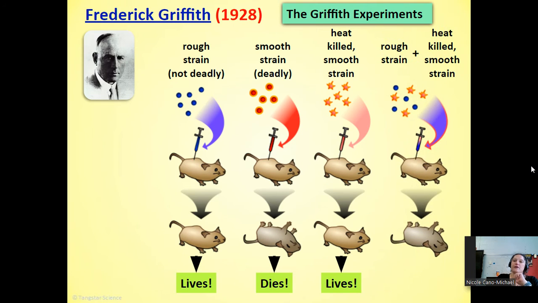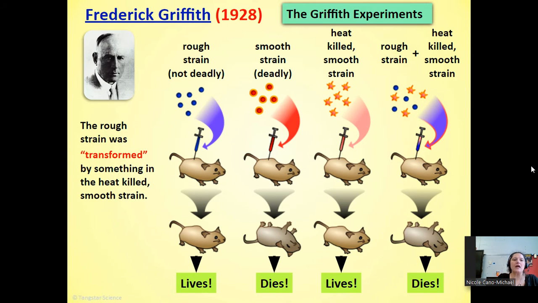During his 4th experiment, he took live rough strain, which we know is not deadly. He took heat-killed smooth strain, which we also know is not deadly, injected it into a mouse, and the mouse died. That was an interesting outcome because you took 2 non-deadly things, you put them together, and somehow you ended up killing these mice.